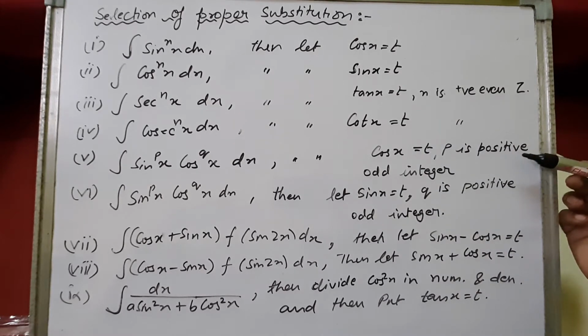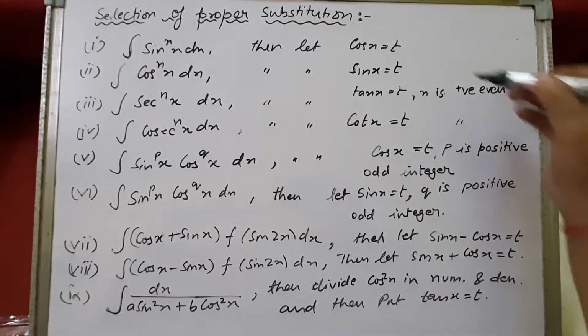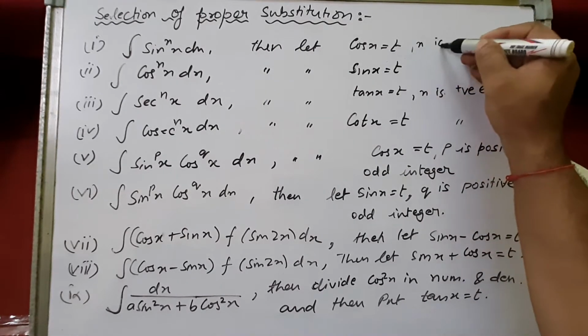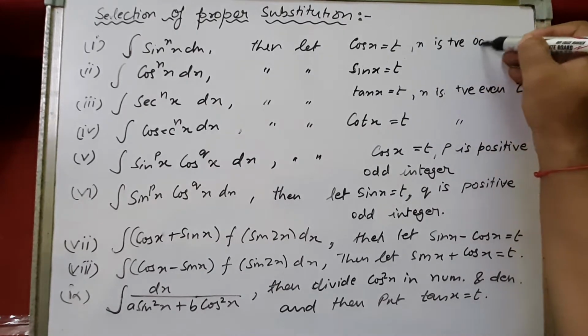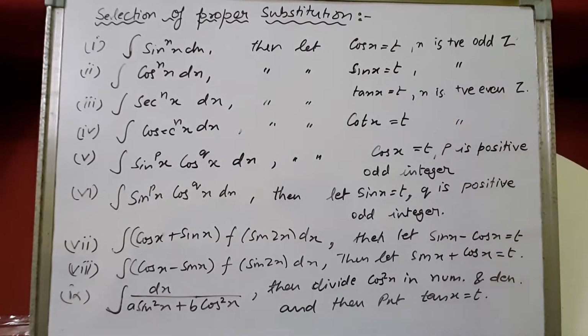If it is given that integration of sin to the power p x cos to the power q x dx, and p is a positive odd integer, then let cos x as t. Right, same as here.